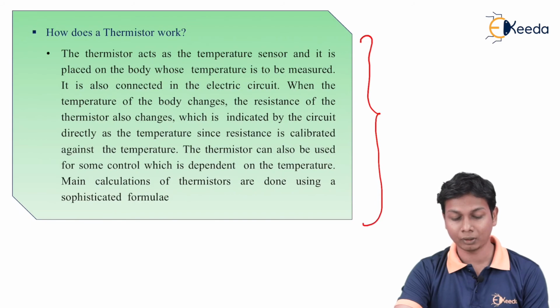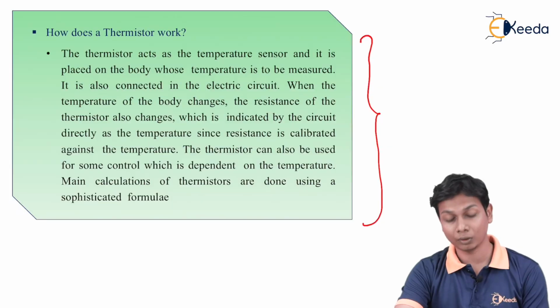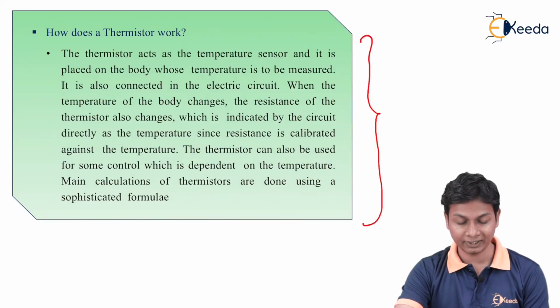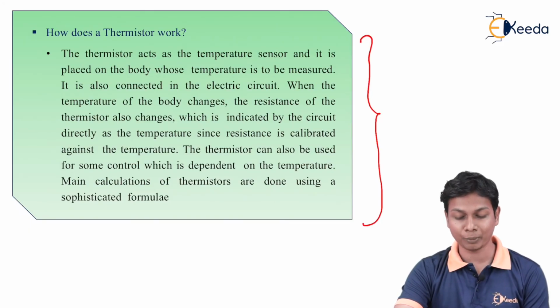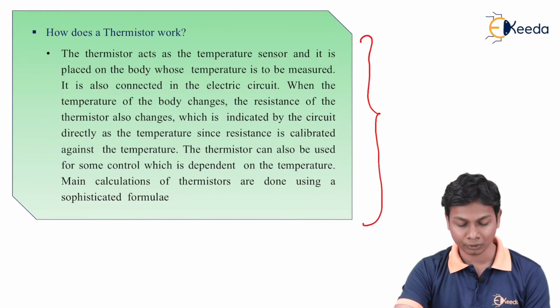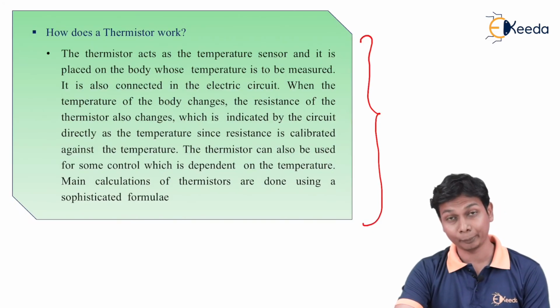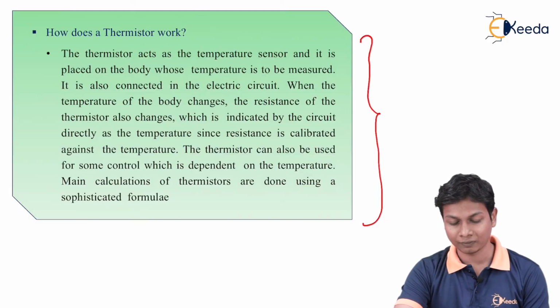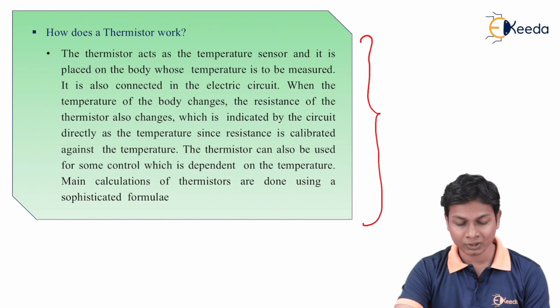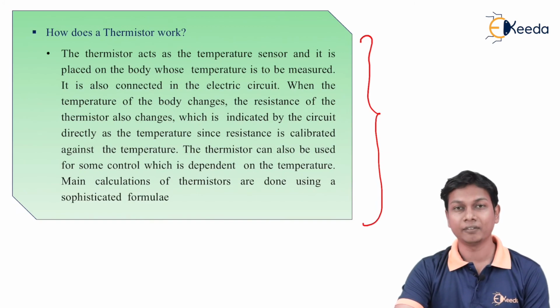When the temperature of the body changes, the resistance of the thermistor also changes, which is indicated by the circuit directly, as the temperature sensing resistance is calibrated against the temperature. The thermistor can be used for some control which depends on the temperature. The calculations for a thermistor are done using sophisticated formulas.